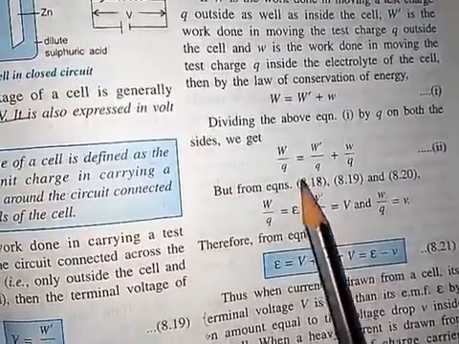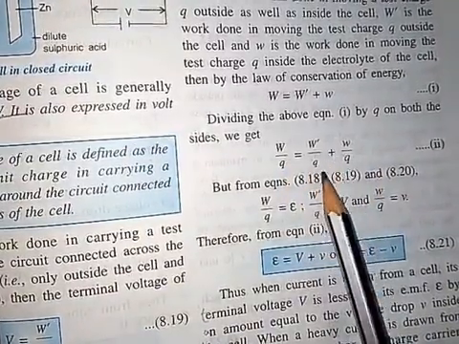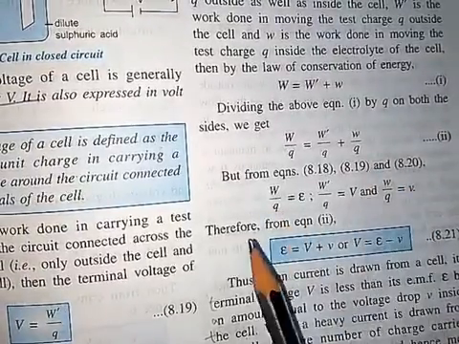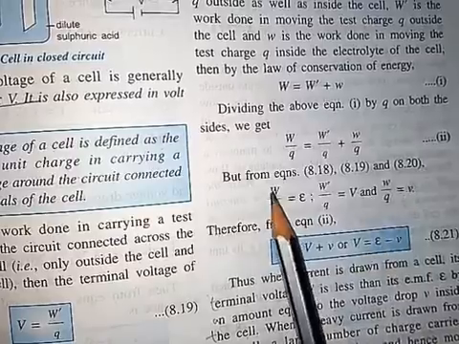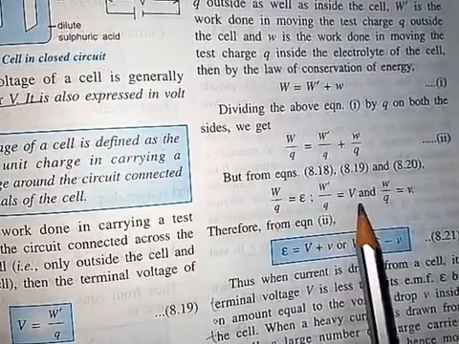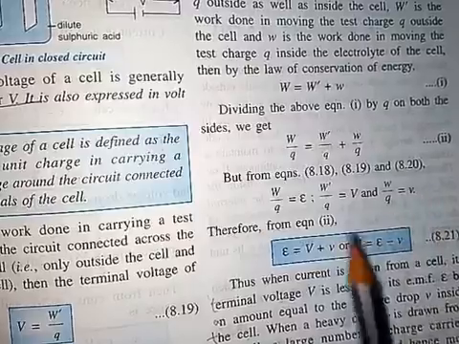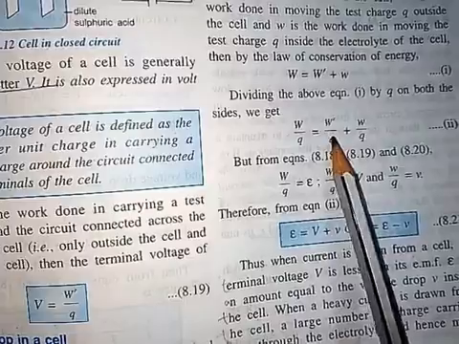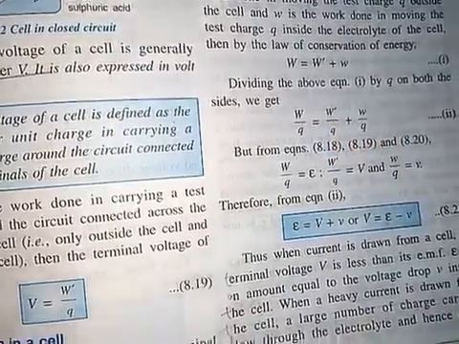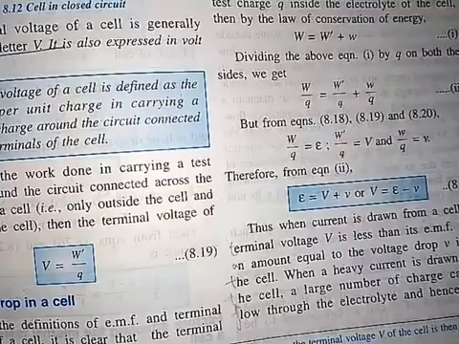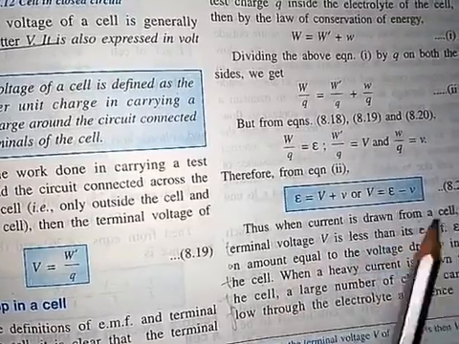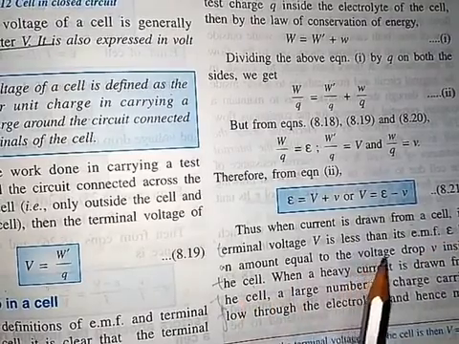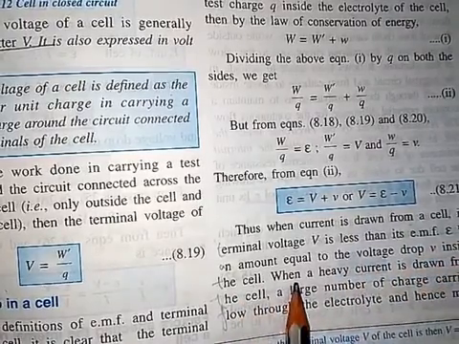If we divide the equation by Q, we get W upon Q equals W dash upon Q plus small w upon Q. From the definitions of EMF, terminal voltage and voltage drop, W upon Q equals epsilon, W dash upon Q equals V, and small w upon Q equals small v. Hence, we get epsilon equals capital V plus small v. Thus, when current is drawn from a cell, its terminal voltage V is less than its EMF epsilon by an amount equal to the voltage drop small v inside the cell.